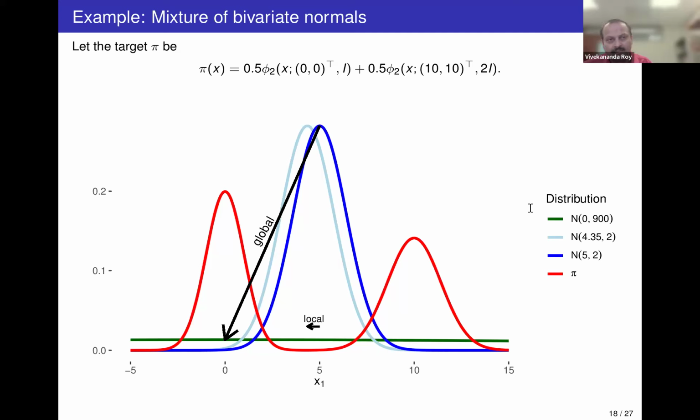On the other hand, the geometric proposal uses this flat, dark green, diffuse G, which is far away from the target, but I'm moving the density towards it, making what I'm calling a global move. That helps the chain to come out of the local mode. So that's why it is able to go back and forth between the two modes.